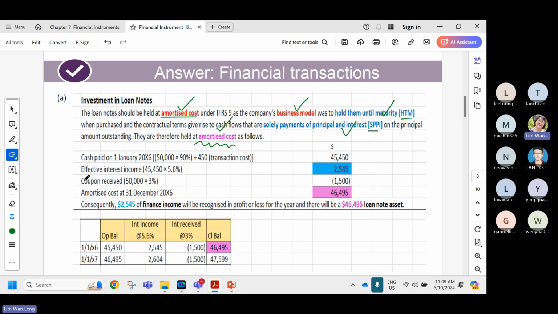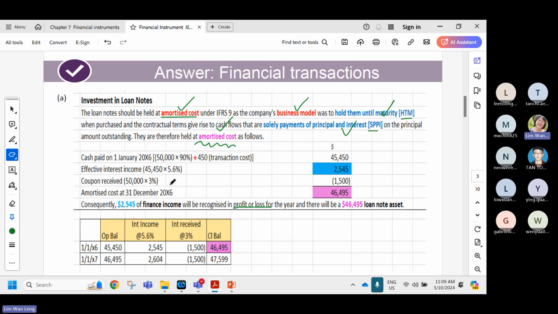Then you're supposed to calculate how much you are going to recognize in the SOPL at the end of the year.